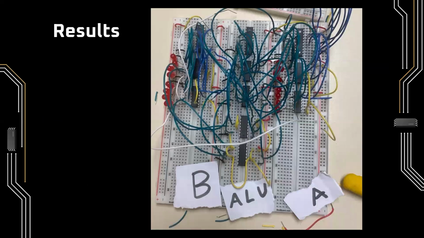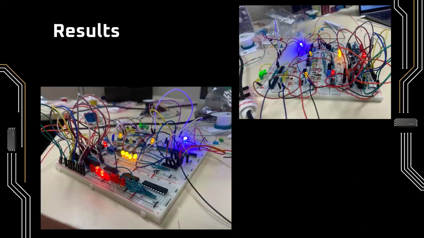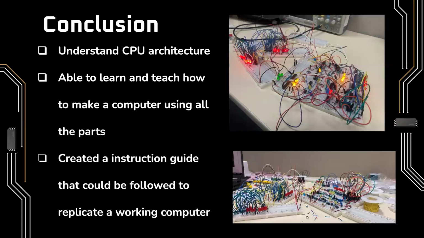And finally, we have the A and B registers that connect to each other and let the ALU perform operations. This is what we have all together. It's not a full working 8-bit computer, but we had the program counter, the RAM, and the clock module all connected together, and you can see how all these LEDs are working together.